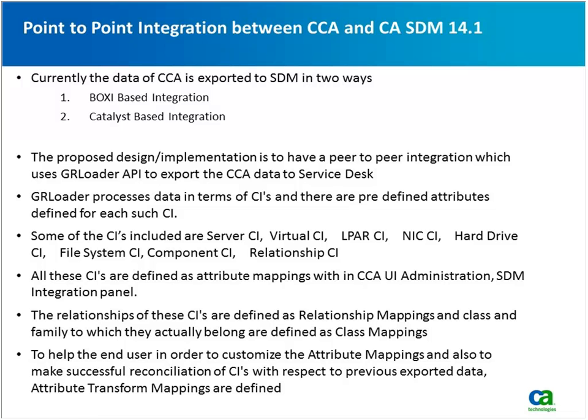Each of these configuration items is mapped to a target attribute defined in the attribute mapping list. Now, what are these attribute mappings? What are these target CAs? And how can these target CAs be customized using the attribute transform mapping model within CCA? We will shortly be seeing that in the demo.